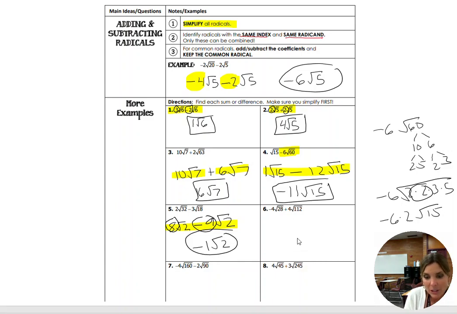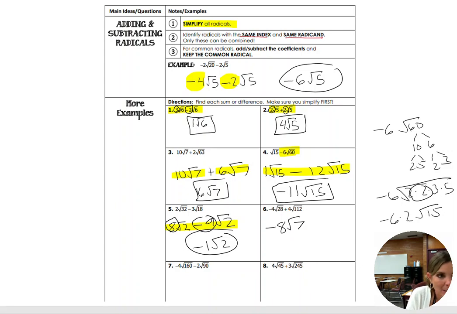Okay, so let's just try a few more of these really quick together. And then I need to show you one more thing, which is combining 3 like radicals. Okay, so number 6, in your calculator, and everyone do this, please grab your calculators, put in negative 4 and then square root 28. So that one is going to simplify to negative 8 root 7.